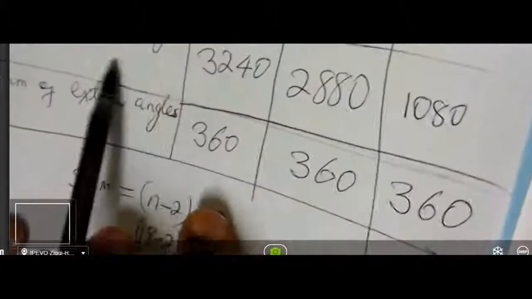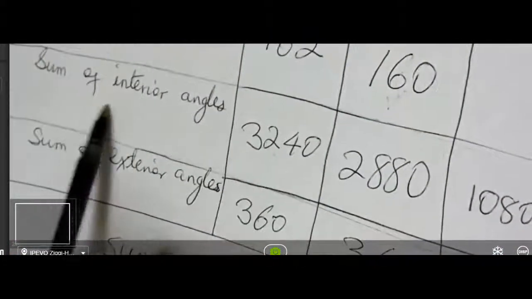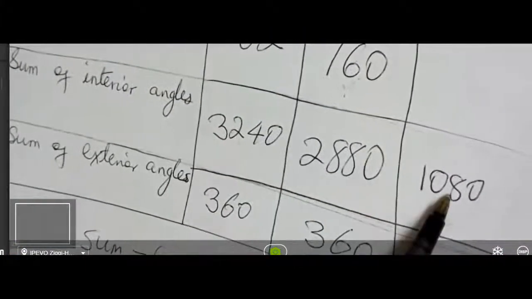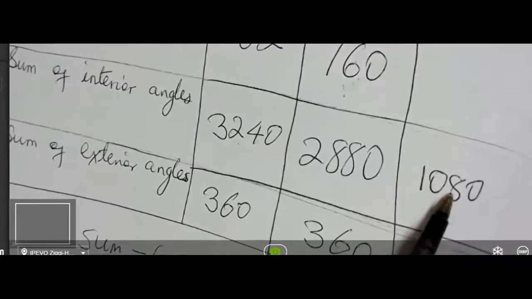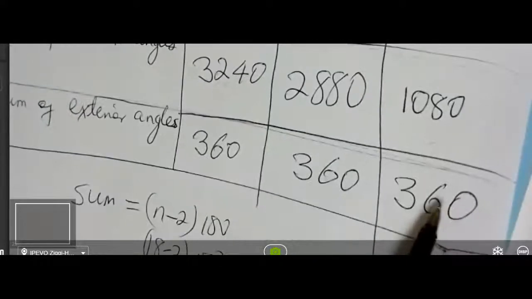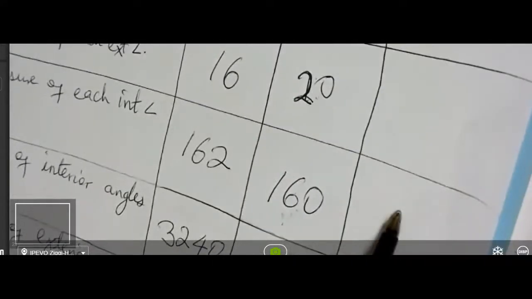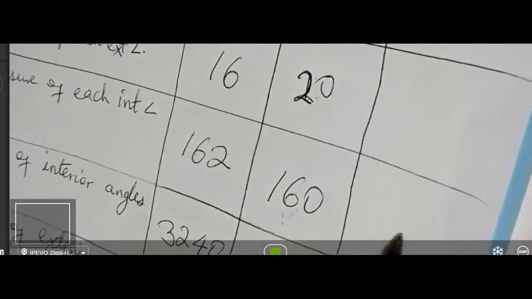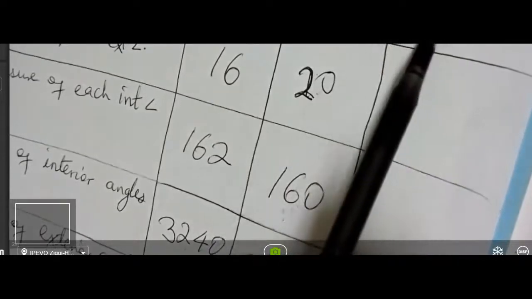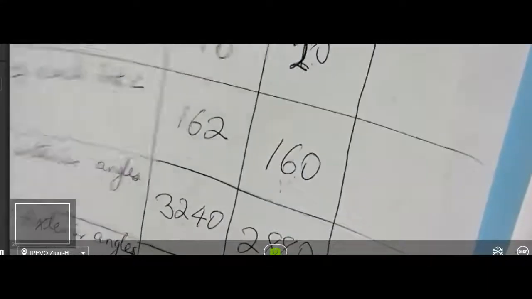So this one, we are given the sum of the interior angles to be 1080. Okay, so we know that the sum of the exterior angles is 360. Now we have to find the measure of each interior angle. But we don't know the number of sides, so we need to find the sides first.